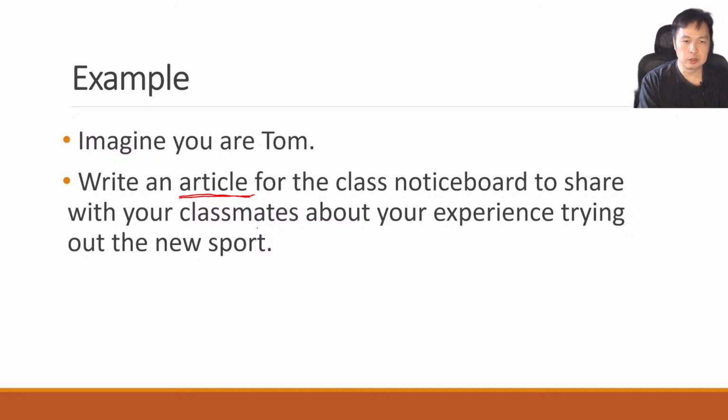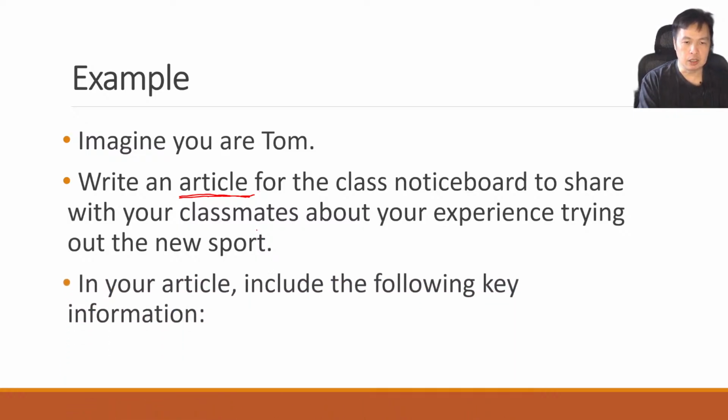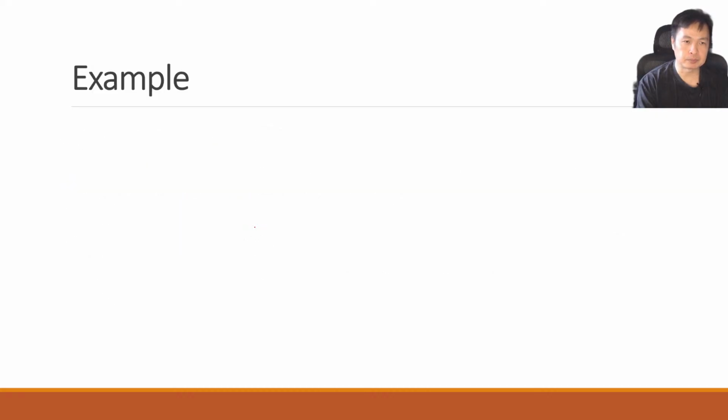Okay, so take note of that, and in your article include the following key information. So what follows next are the bullet points that I've just mentioned. That is the important part of this exercise, because those are the questions, and you do need to come out with very precise answers in order to earn your marks. Okay, 6 marks, if you recall.